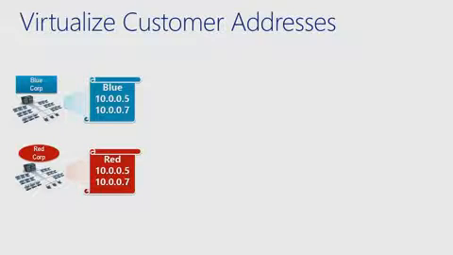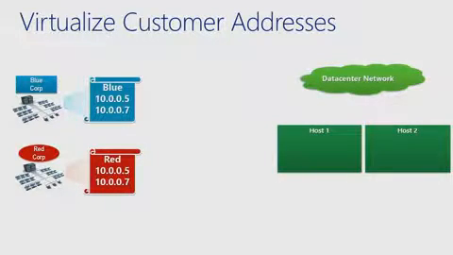So there's a couple of terms that we need to be aware of. Firstly, this term of customer addresses. These are what the VMs see inside the virtual machines. So Blue Corporation has a couple of VMs that are 10.0.0.5 and 7. Red, coincidentally, also has those same IP addresses. Now we want to host those networks and those infrastructures on our main fabric.